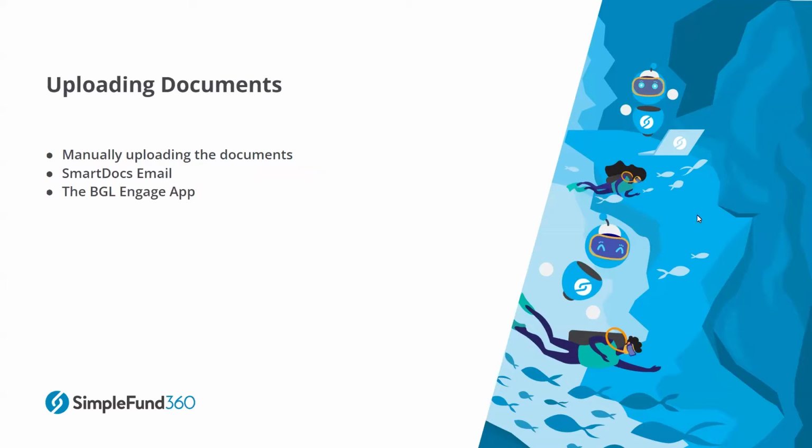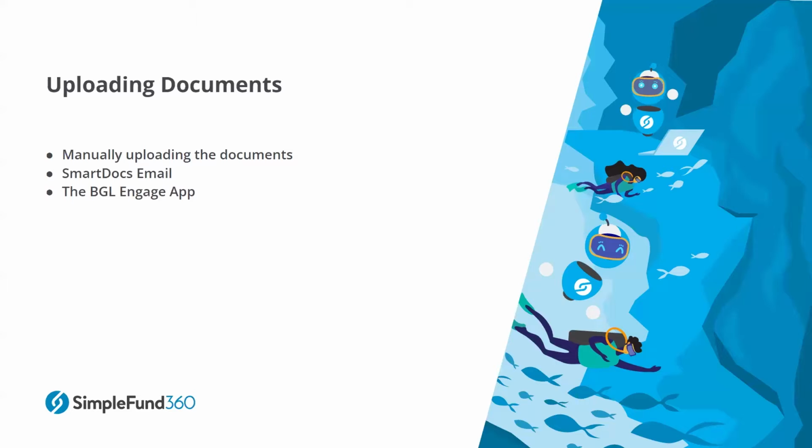So uploading documents. We'll be mainly uploading the documents as well as having a look at the SmartDocs email. There is also another method of uploading documents into Simple Fund and Simple Invest, and that's the BGL Engage app. Whilst we won't be looking at the BGL Engage app today, it works by downloading an app and then taking photos of documents and uploading them to your fund.